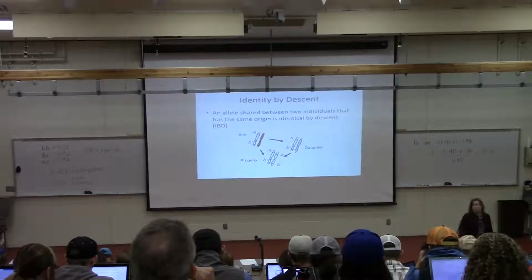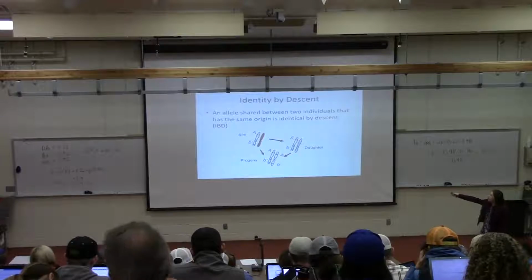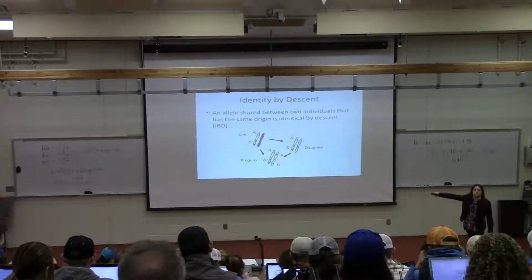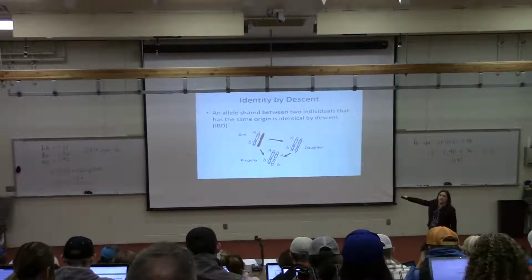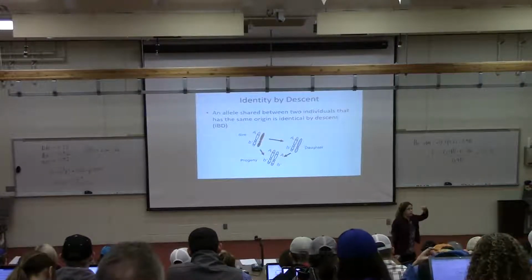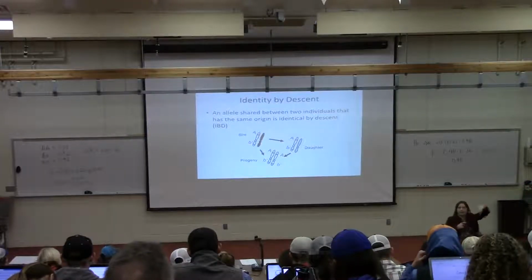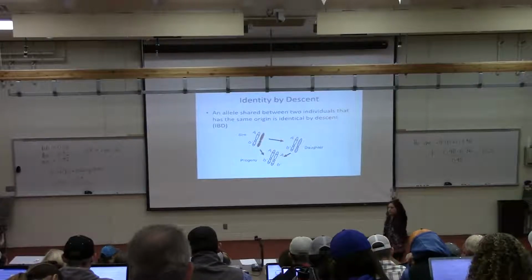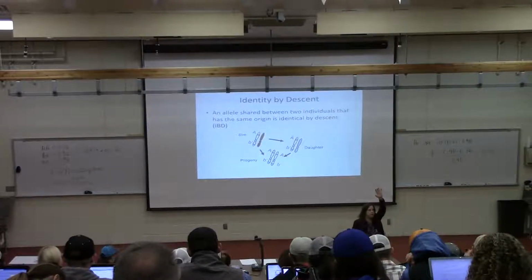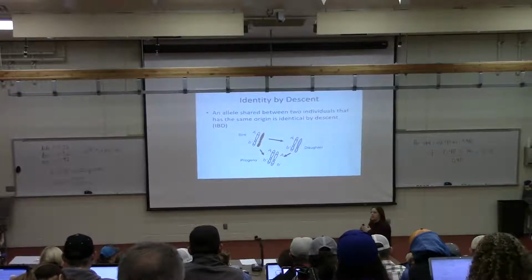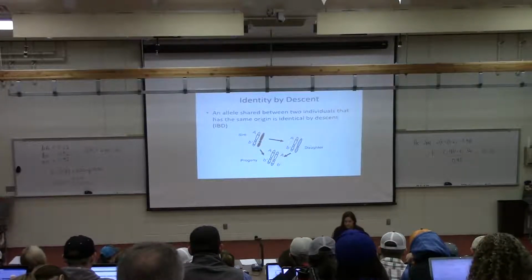Progeny's other big A allele also came from that sire. It just was filtered through that daughter. So we call homozygosity like that identity by descent. That allele that individual's homozygous for came from some common ancestor back in the past. It could be a grandparent, it could be a great-grandparent, it could be even further back. But it is filtered through both maternal and paternal sides to become homozygous in that individual. Okay? Does that make sense?